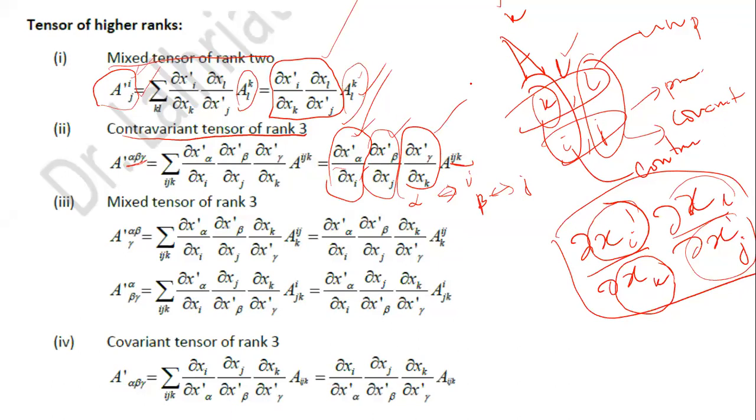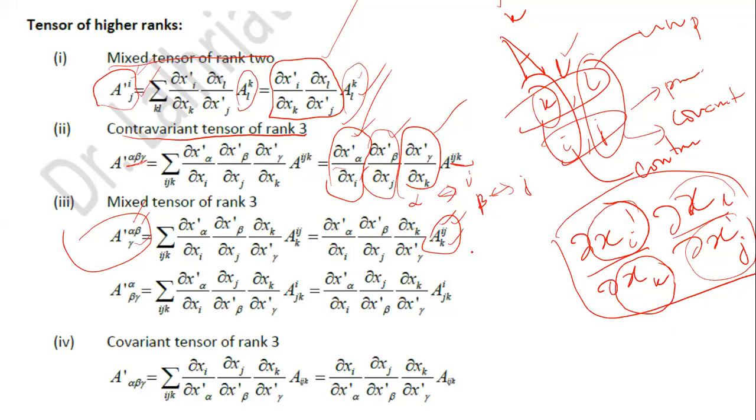Now, this is called a mixed tensor of rank 2. Here you have two indices I and j for the contravariant index. Correspondingly, you have alpha and beta in the prime system, and k is the index for covariant, and the corresponding character used for the covariant index in the prime system is gamma.